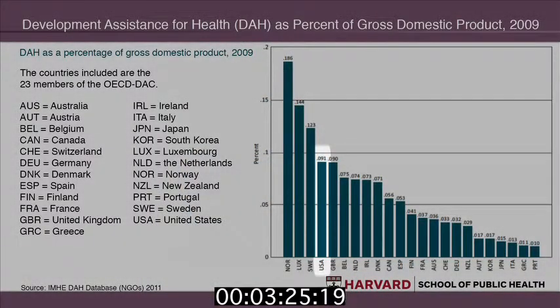The U.S. contribution of less than 0.1% of our national income is less than half the level of Norway, a much, much smaller country, which spends almost 0.2% of its gross domestic product on health assistance.